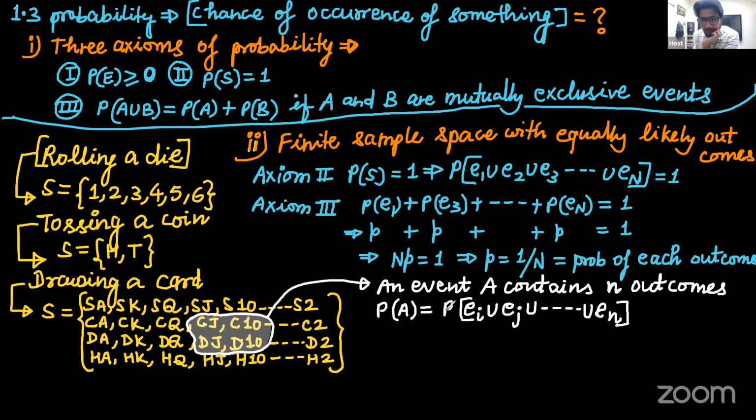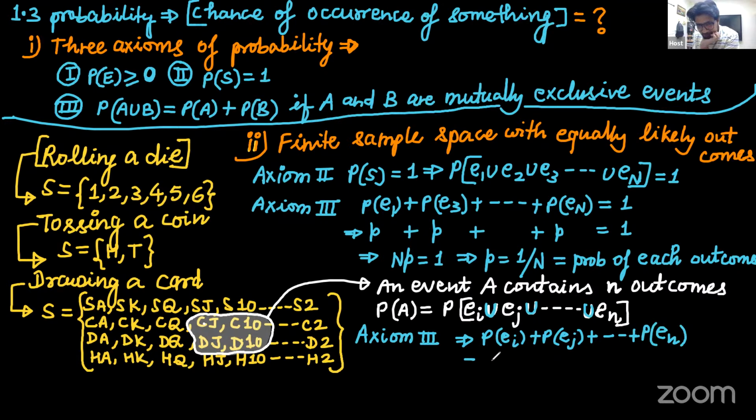Now we are going to apply, for one last time, axiom number 3. Axiom number 3 says that the probability of A union B union C will be simply equal to the probability of the first event plus the probability of the second event plus the probability of the third event, and so on, plus the probability of the small nth event.